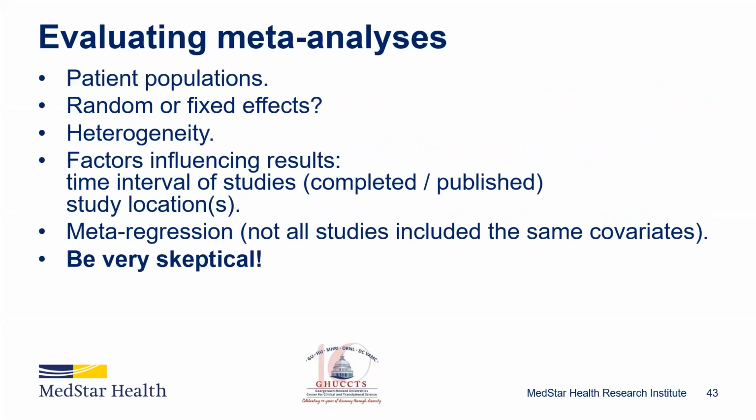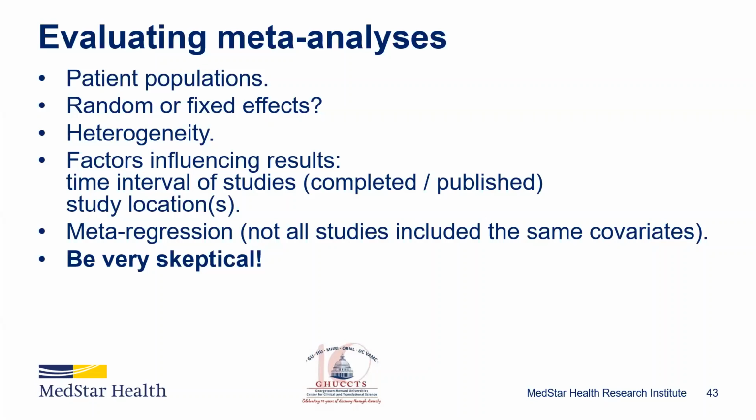So as far as evaluating meta-analyses, what you want to look at is patient populations. Are they mixing patient populations that are really different? Do they do random or fixed effects? Although that's pretty much anymore, you see random effects, or both of them are done.